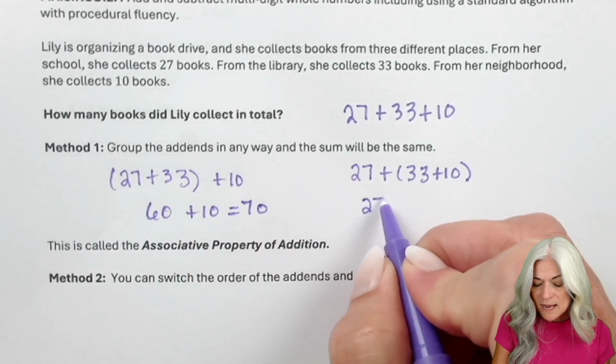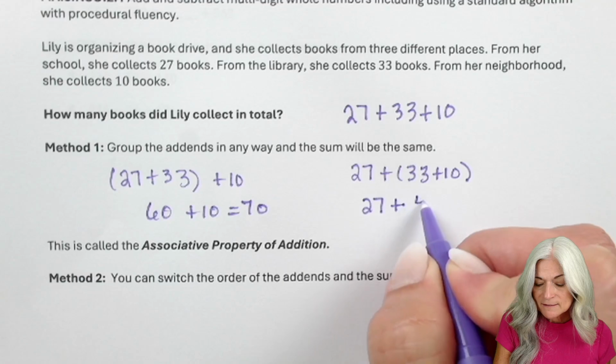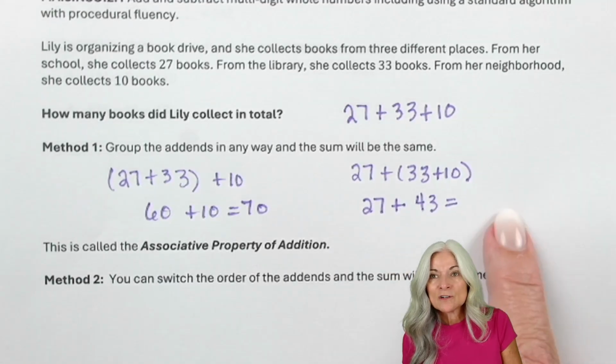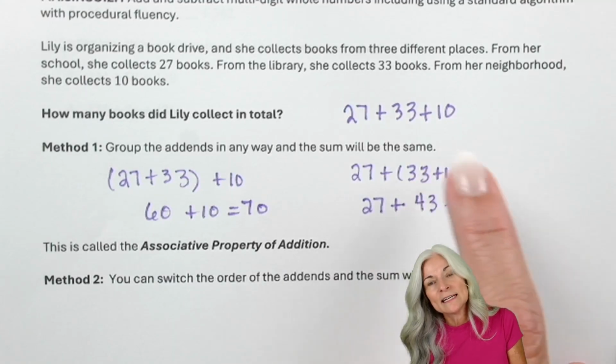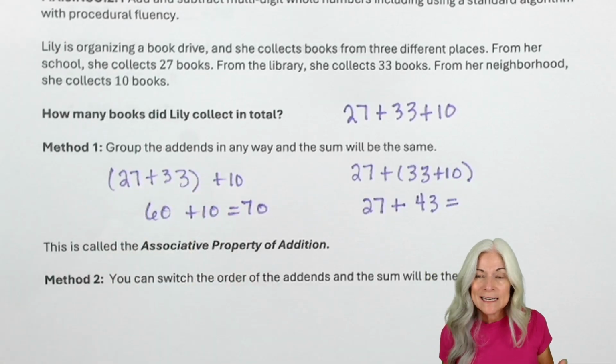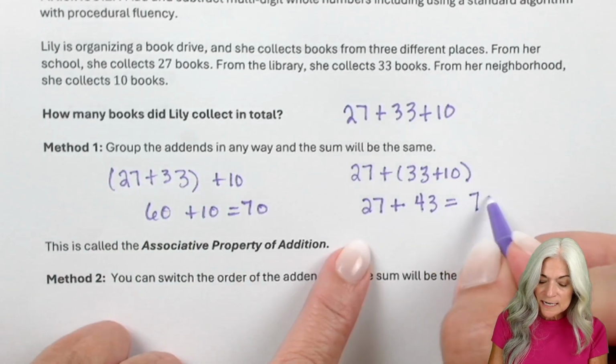Here we would have 27 plus 43. They may choose to group it this way because they like adding the 10 first. They may choose to group it the other way because 7 and 3 are friends of 10. Either way, we're still going to get 70.